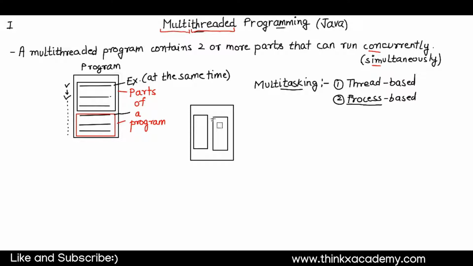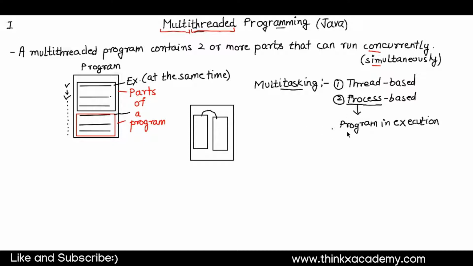We can switch to any app and they are actually running simultaneously. This is multitasking, but this is process based. This means that a process is the whole program. A process is basically a program in execution.